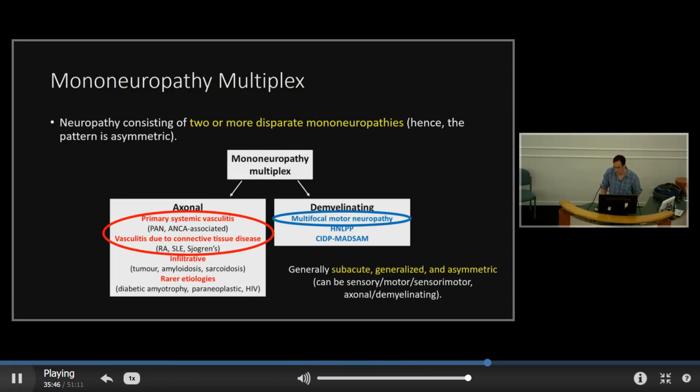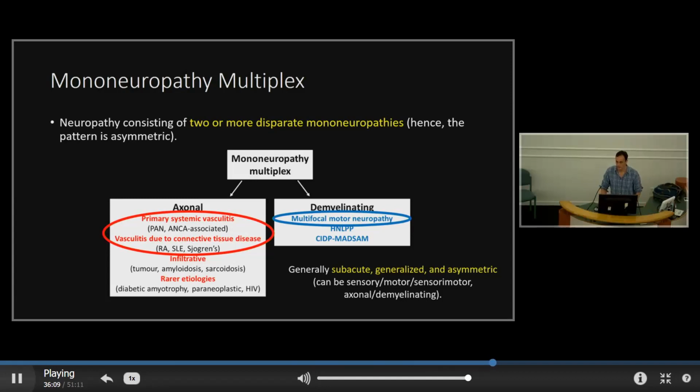So there may be a systemic disorder you need to treat as well. And infiltrative things, tumors, of course, amyloidosis, sarcoidosis, lymphoma, and so on, those need to be diagnosed pretty quickly too. So there are rare etiologies, but if you find a mononeuropathy multiplex and it's axonal on the nerve conduction study, you really need to get onto that.